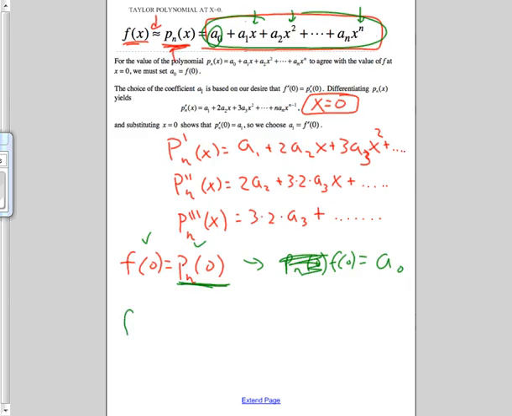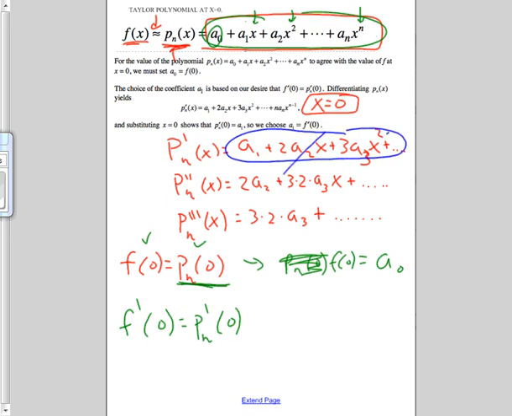Similarly, f prime of 0 must equal P sub n prime of 0. So we're looking now at this function, and when x equals 0, those go away. So we get that a sub 1 must equal f prime of 0. So if I take the first derivative of my function evaluated at 0, I find out my second coefficient, a1.